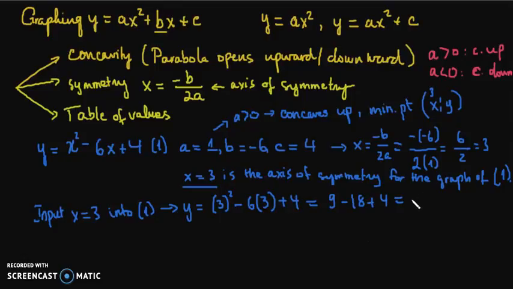So this equals negative 5. So the coordinate of my vertex is x equal to 3, y equal to negative 5. So the vertex is (3, -5).